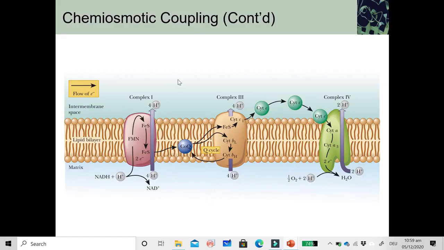Second, it bypasses complex 1. So in the end, when one FADH2 is oxidized, you just transport 4 plus 2, 6 protons from the matrix into the intermembrane space. But when an NADH is oxidized, you transport effectively 4 plus 4 plus 2, effectively 10 protons.